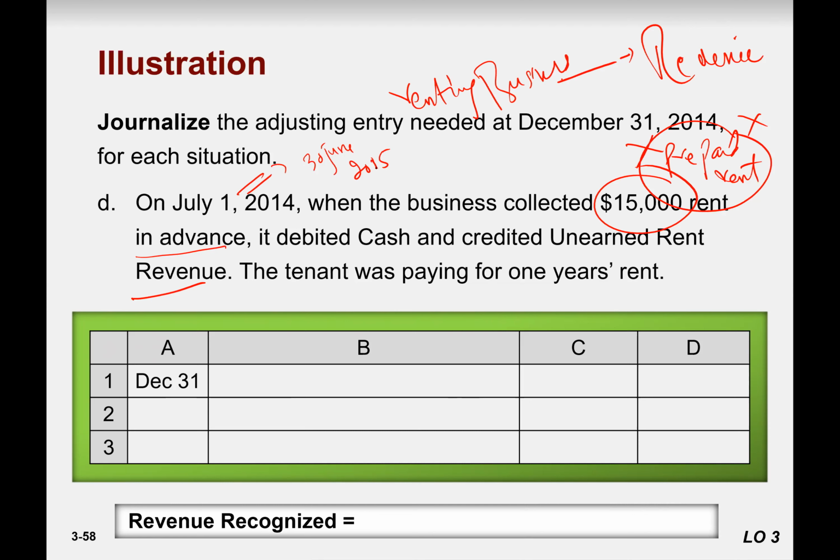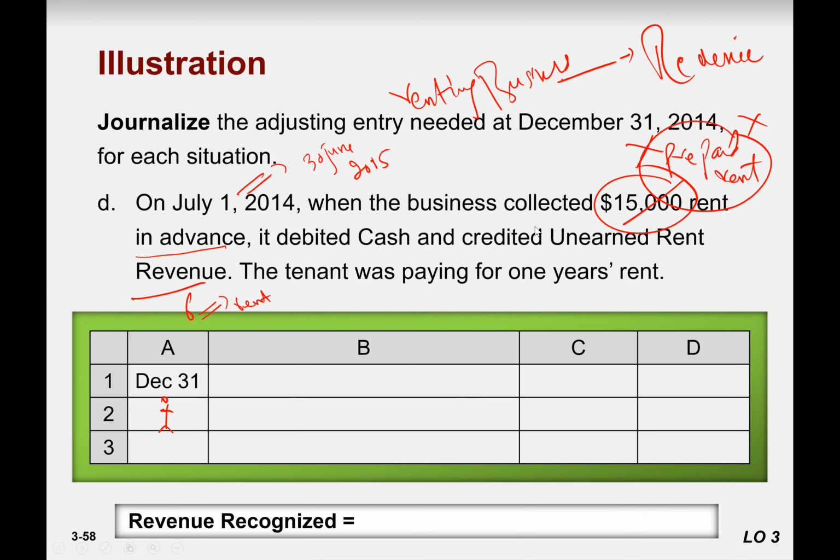But we are now on 31st of December. It means 6 months rent we can accumulate as our revenue. So we are entitled only for 6 months, not the 12 months. So half of this payment belongs to our revenue.